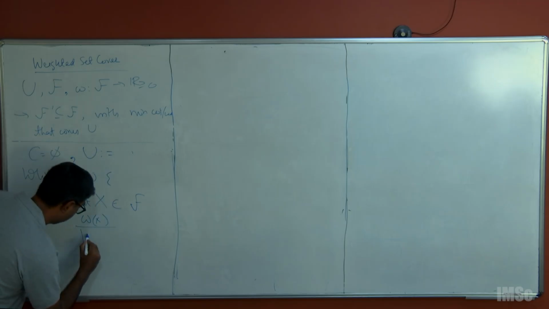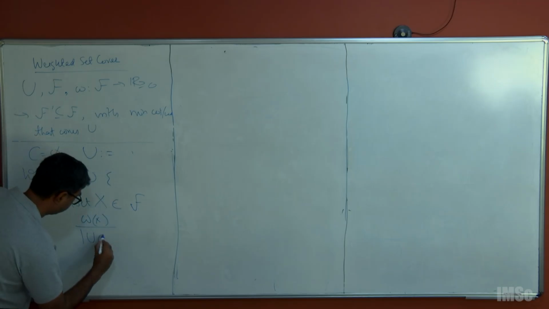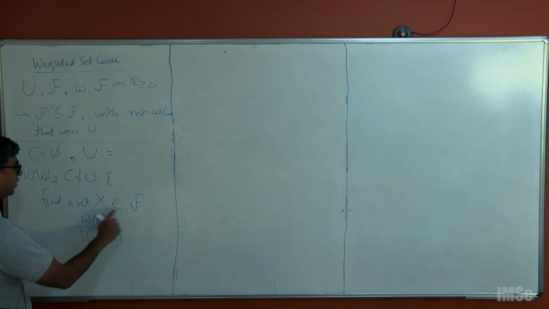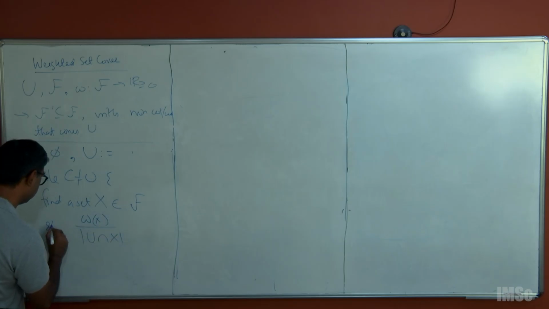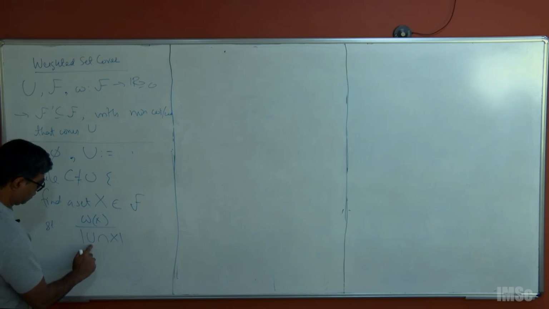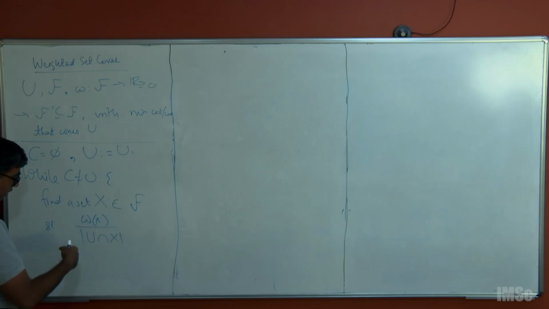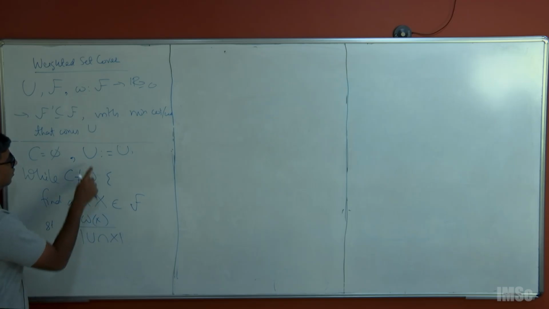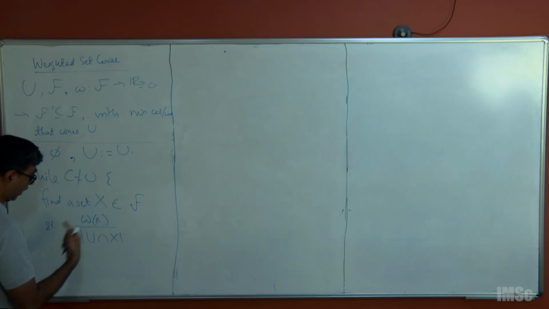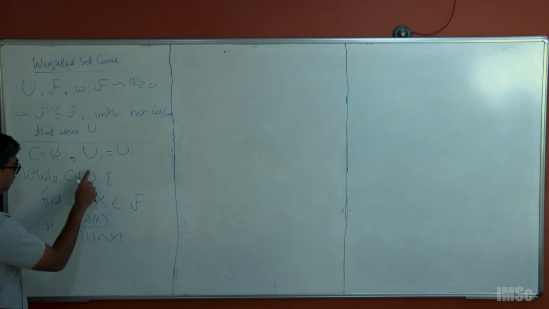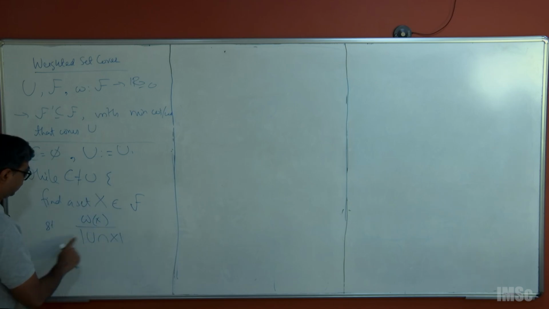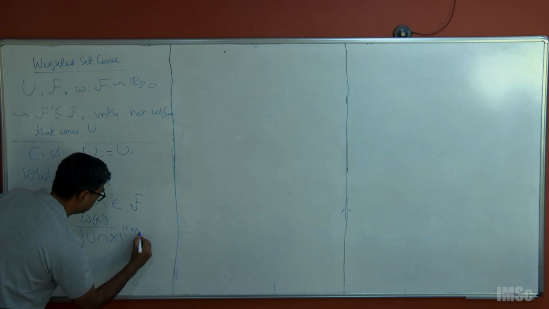Currently, find a set X in F such that the weight of X divided by the size of U intersection X is minimized.